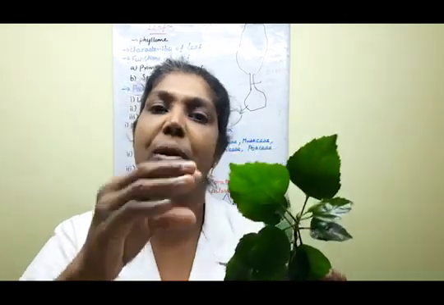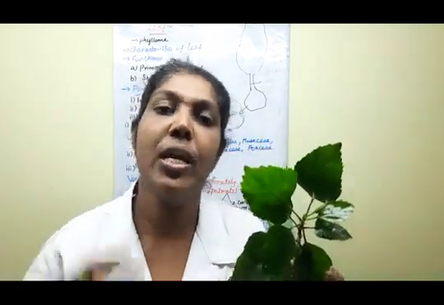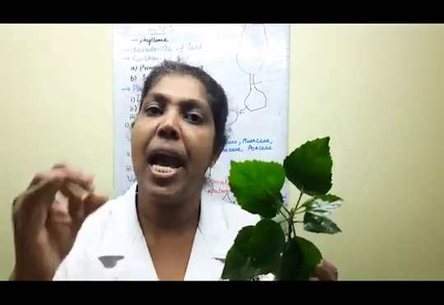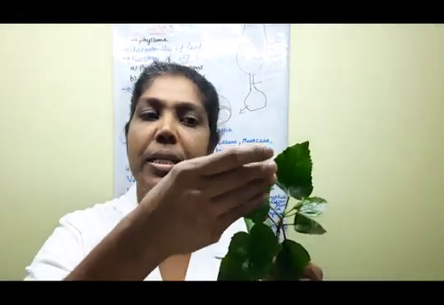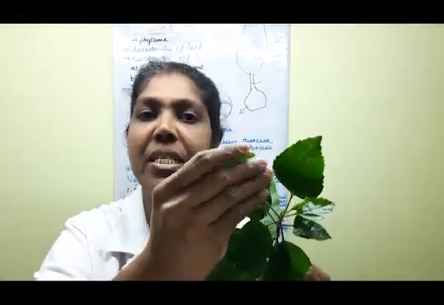Here the major functions take place. It prepares its food, so there is photosynthesis, and also gaseous exchange and transpiration. Most of these functions are performed in this area. This flat surface is known as the leaf blade or leaf lamina. Understood? Say yes or no?